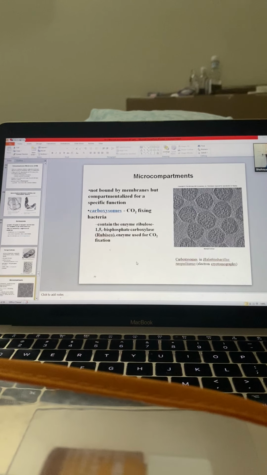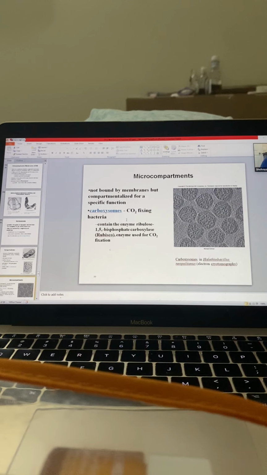And here's what I call the microcompartments, where there is not a true membrane, but a single layer of protein covering them to make them into microcompartments. This has been seen as carboxysomes, which are found in your carbon dioxide fixing bacteria. We'll be working on that very soon.